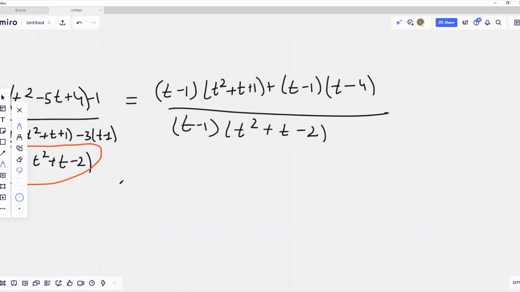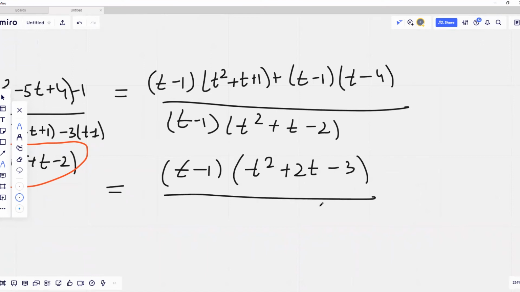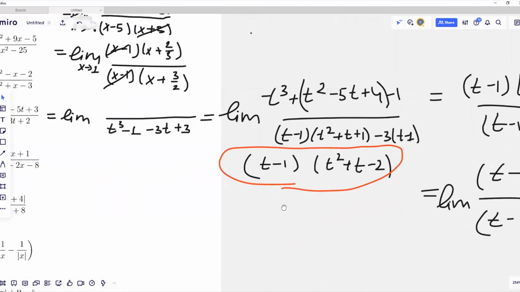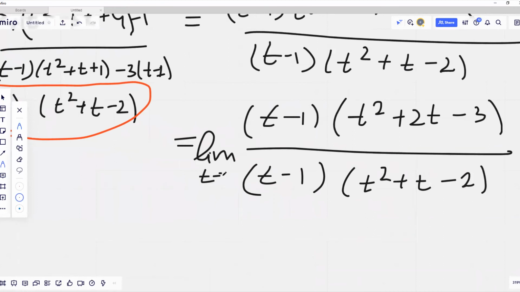So we'll have, factoring out t minus 1, t squared plus 2t minus 3 over t minus 1, t squared plus t minus 2. Limit as t approaches 1. So those two will cancel out.